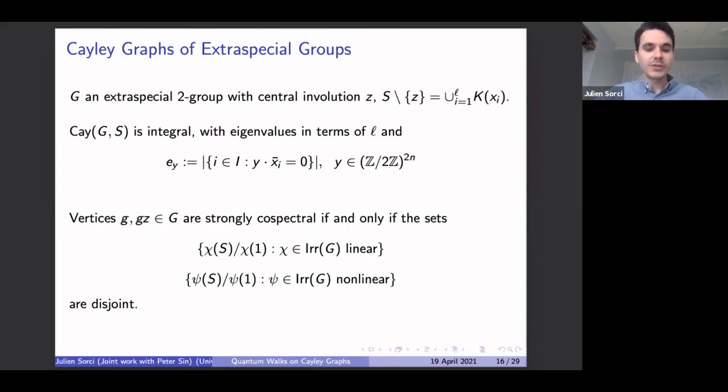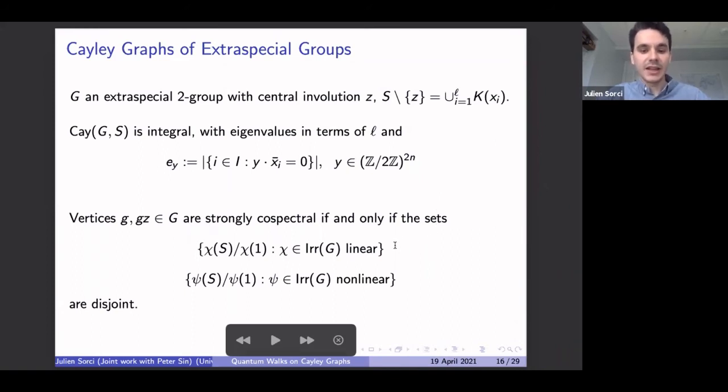And now, once you have the spectrum, you can use the theorem, the result that we gave before, to determine when two vertices are strongly cospectral. It turns out that this happens if and only if, essentially, it's never the case that a linear character and a nonlinear character afford the same eigenvalue.